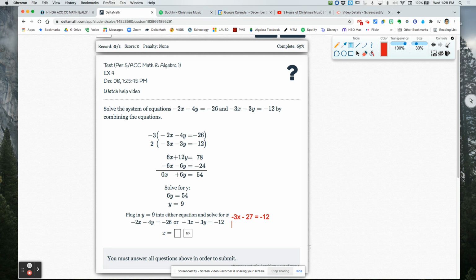Let's try again. Negative 3x equals 15. And then let's divide by negative 3. What do we get for x? Negative 5?